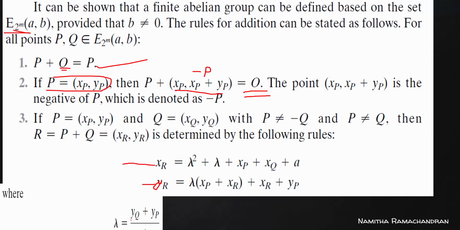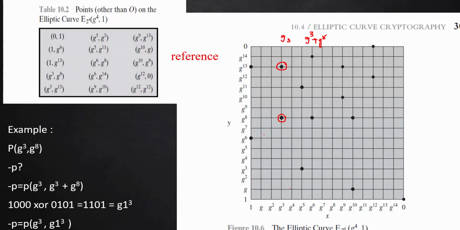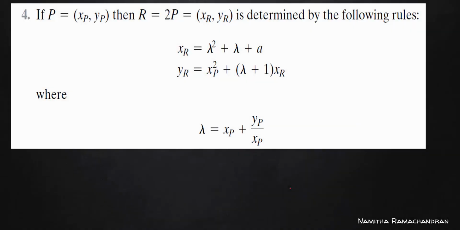And the equation for getting the slope in this case is yq plus yp divided by xq plus xp. And a and b are the given coefficient values of our elliptic curve equation. And for yR it is lambda into (xp plus xr) plus xr plus yp. So these are the defined rules for elliptic curve points defined over a Galois field.